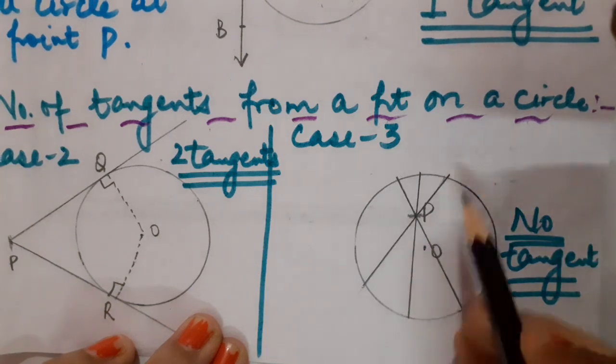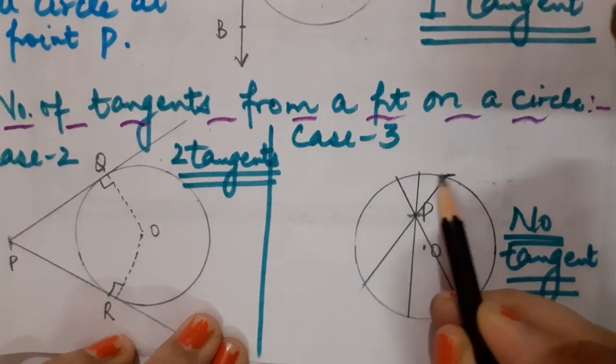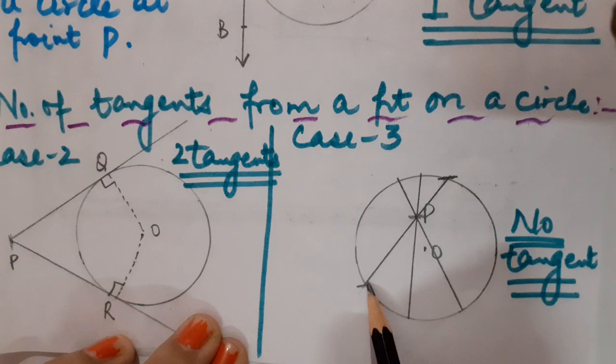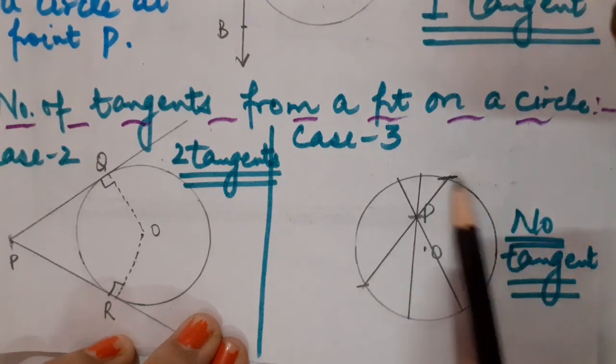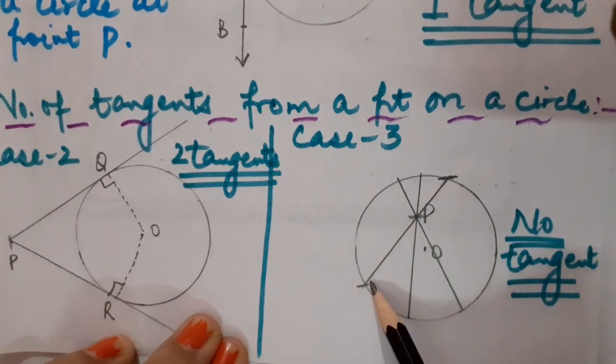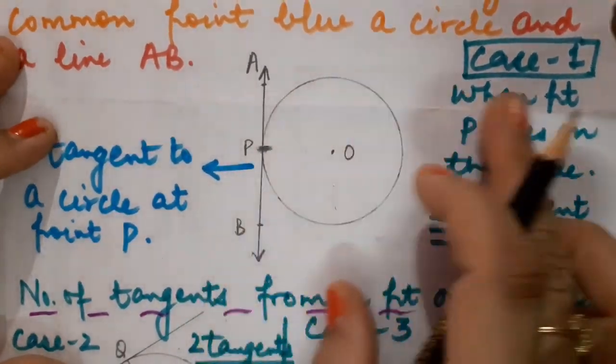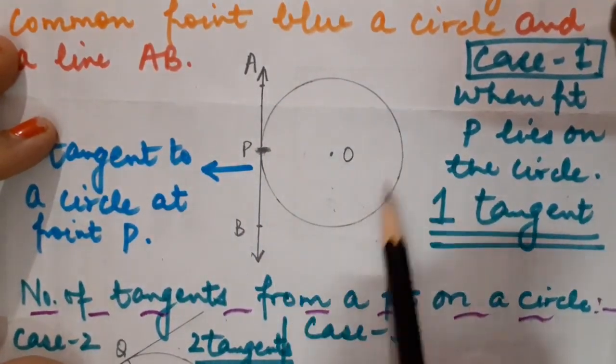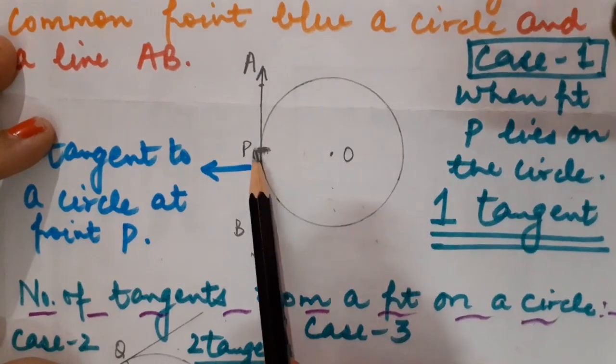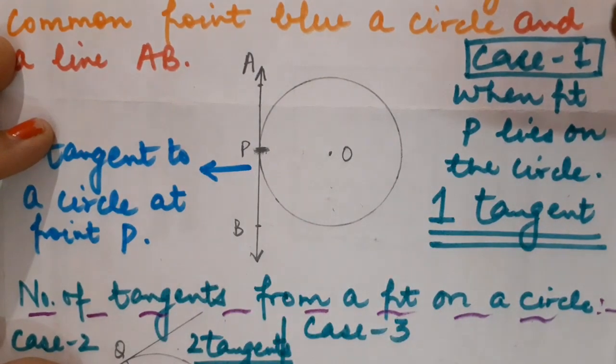Correct, children? Here you can see that if a line segment passes through point P, then definitely it is going to touch the circle at 2 points. But for a line segment to be a tangent, it must intersect the circle at exactly 1 point. Correct, children?